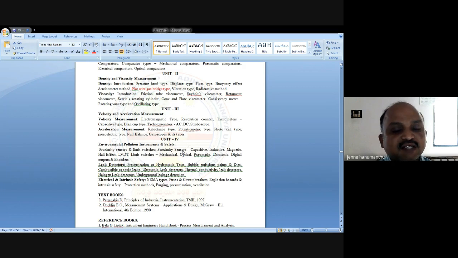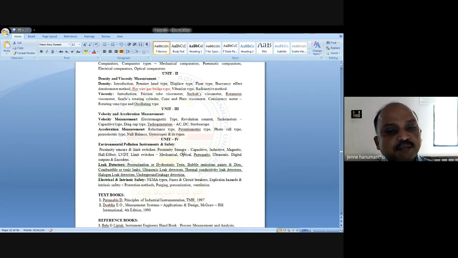So these are all the instrumentation concepts available in the first topic of this unit 4. We have to recall once again, combining S and T, sensors and transducers, and IA. Combined, all are repeated in this topic.